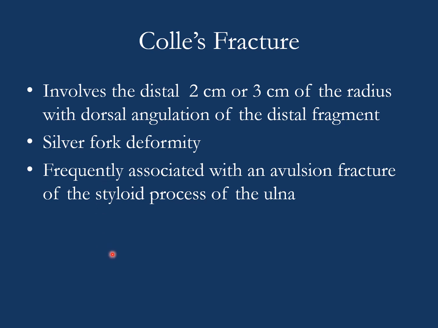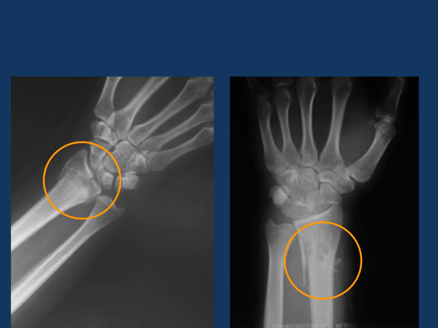Because you don't only have to examine the distal radius, but you have to look closely at the ulna, because Colles fracture is frequently associated with an avulsion fracture of the styloid process of the ulna. Here, X-ray of Colles fracture.